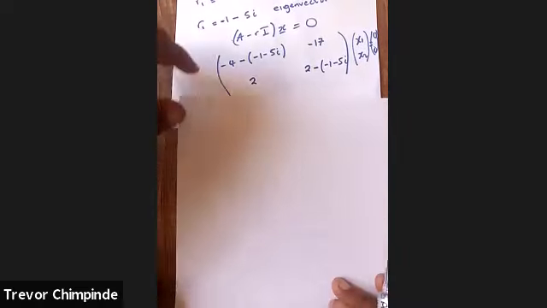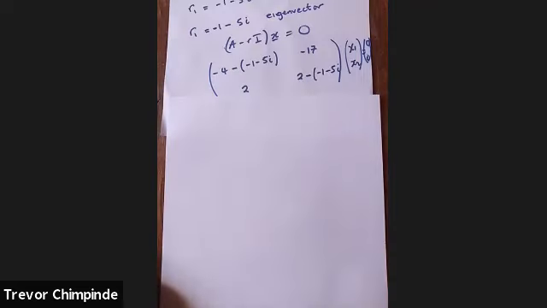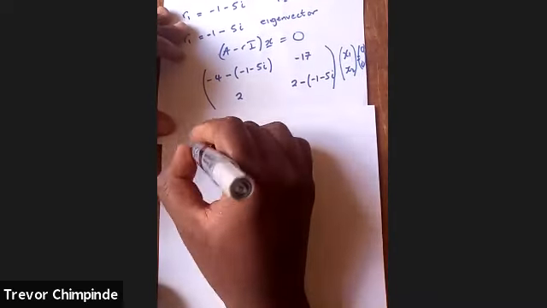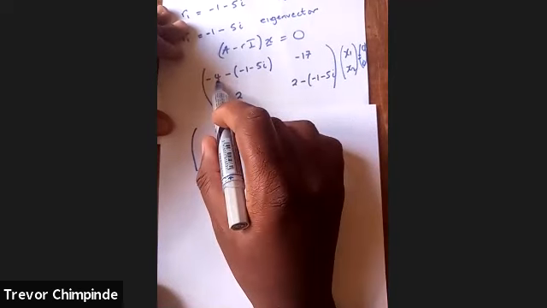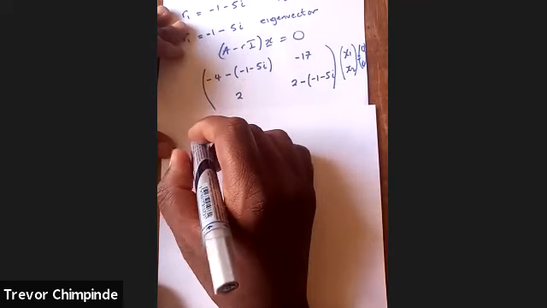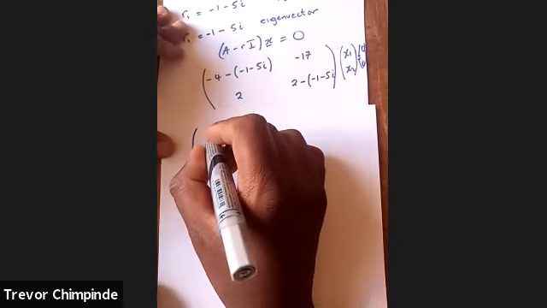So this will become, so it's minus 4, so this will become plus 1, so it's 5, right? No, 3.